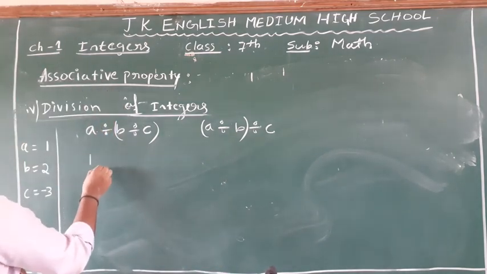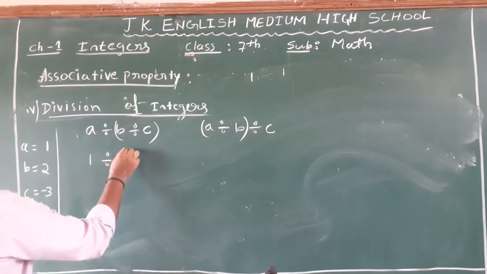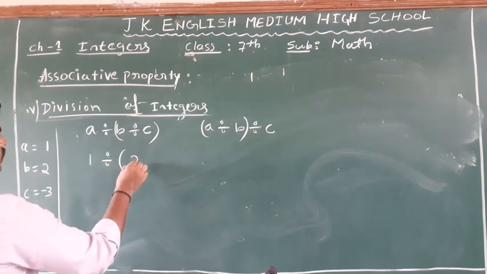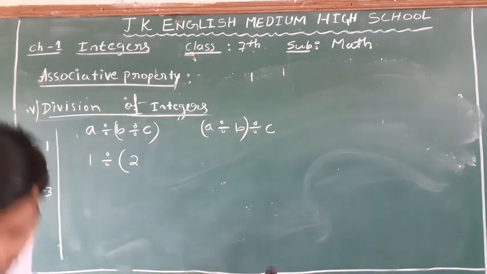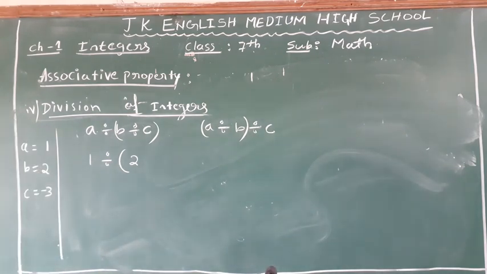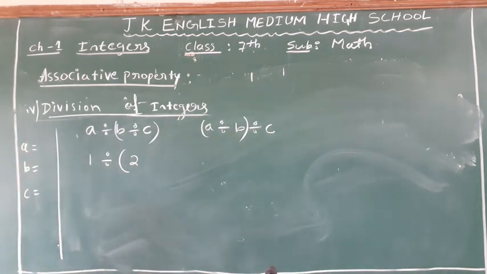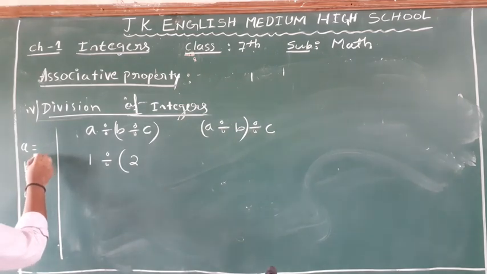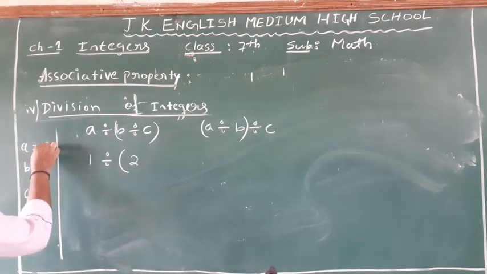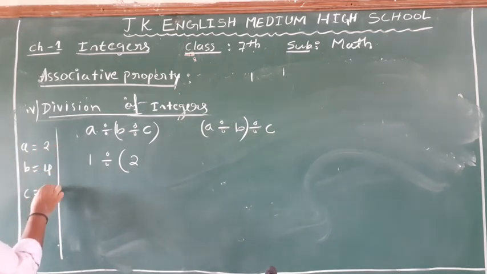A means 1, divided by B here 2. What I will do, for the sake of calculation, I will take even numbers only, otherwise you will not get the answer, it will be too difficult. 2, 4, 8, I will take.